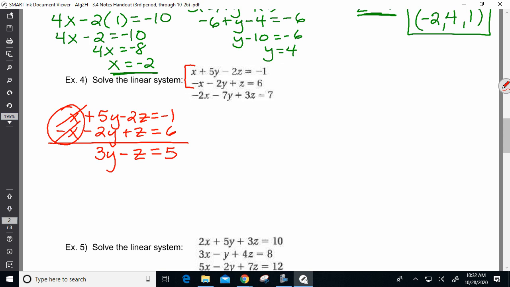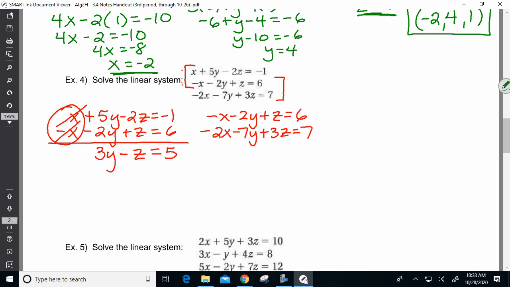So now that means we've got to take two other equations and eliminate the x again. So we did the first and second equation. Now let's take the second and third equation. Since we already got rid of the x, we have to get rid of the x again.